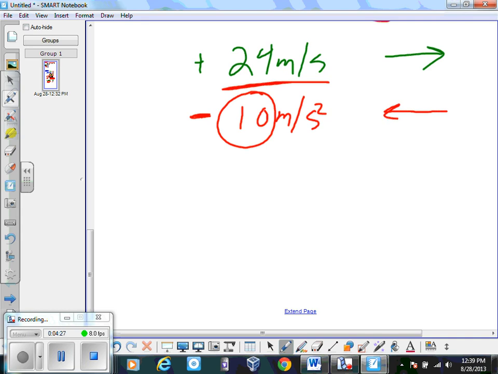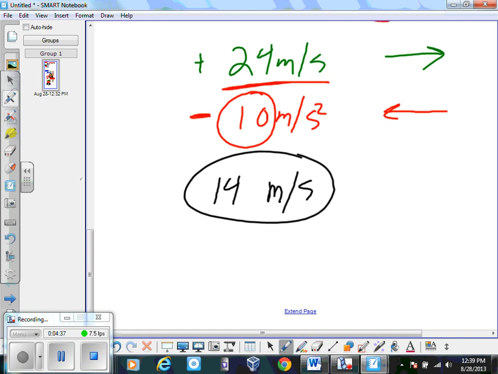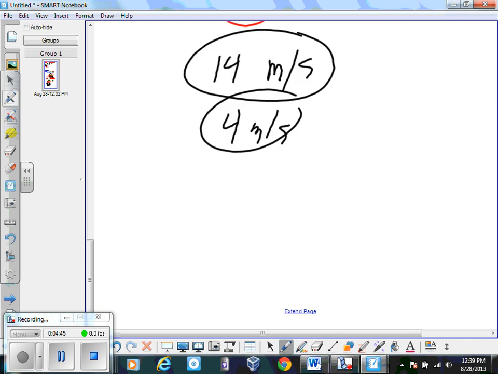So if I do that for 1 second, my new velocity in meters per second is going to be 14 meters per second. If I do that for 2 seconds, my new velocity is going to be 4 meters per second. If I do that for 3 seconds, my new velocity is going to be -6 meters per second.